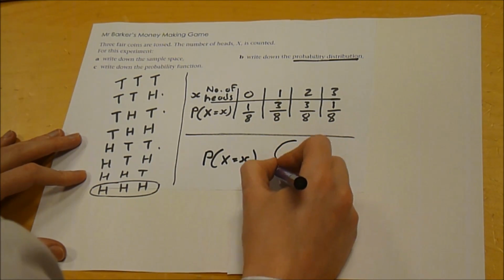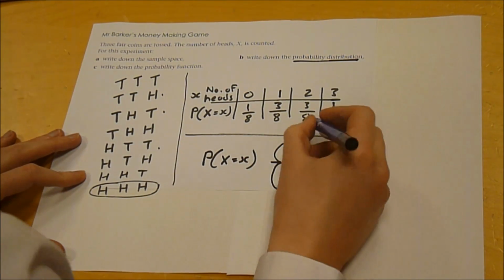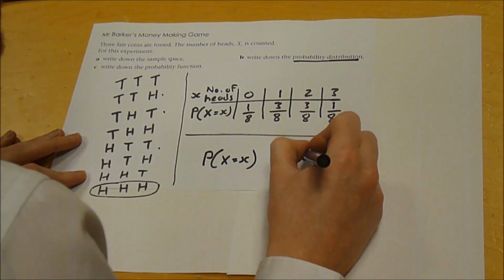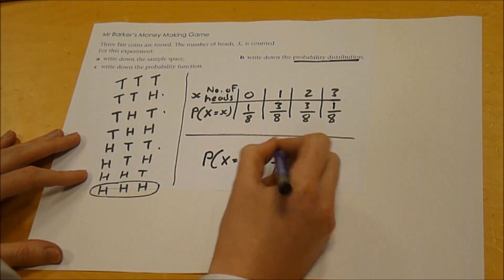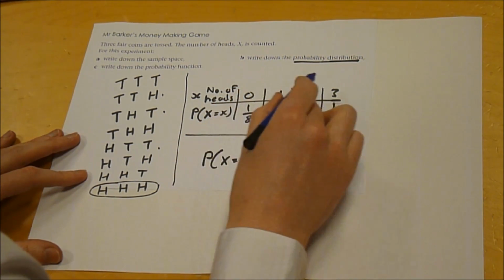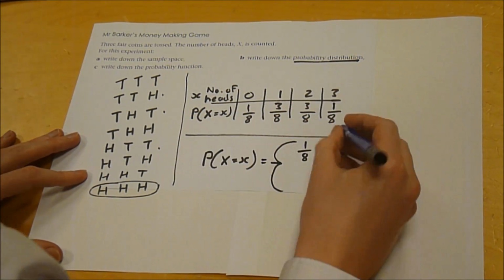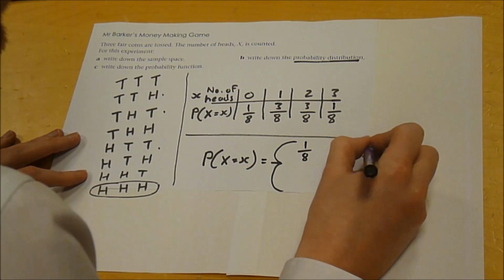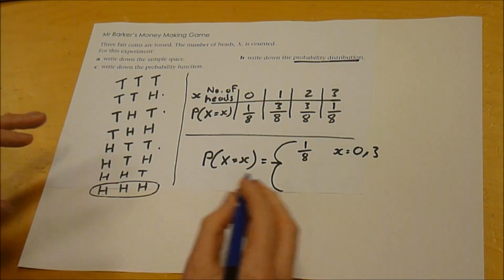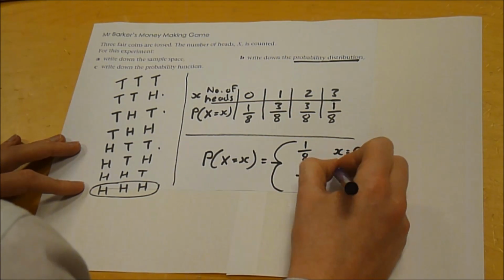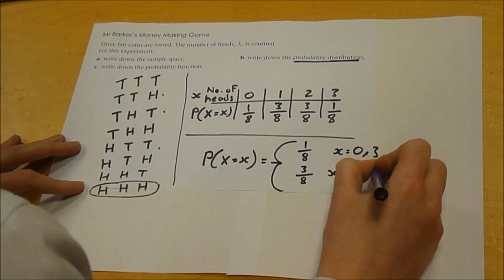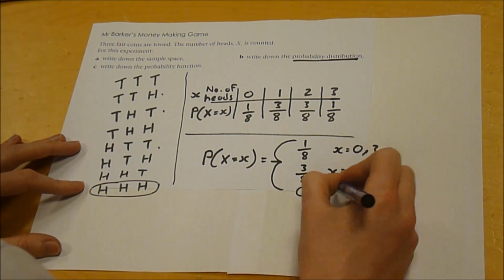We've got this big curly bracket here, so we've got different options. Well, we either get 1/8 for the probability, and that was when x was 0 or 3, or 3/8, the other option, when x equaled 1 or 2. Now there's no other options, so we put the probability 0 otherwise.